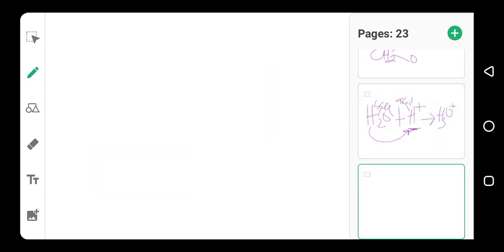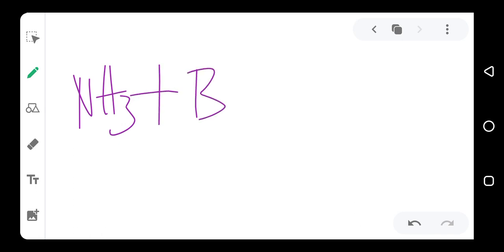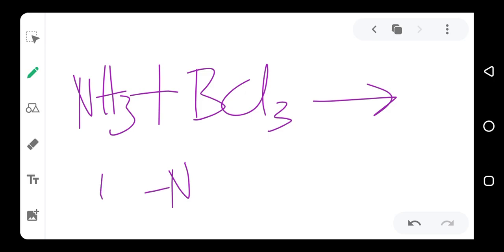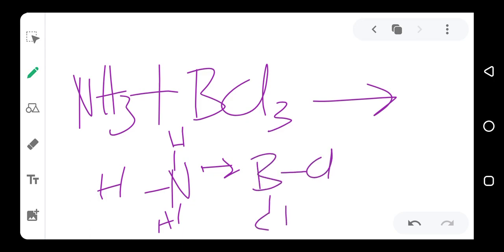Another example, when we have NH3 plus BCl3, this will give us NH3 going to complex with BCl3.